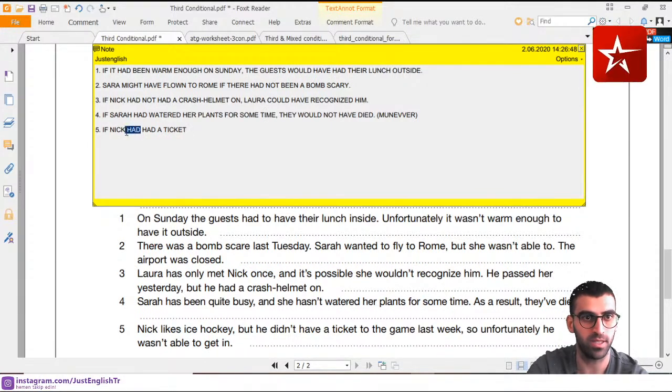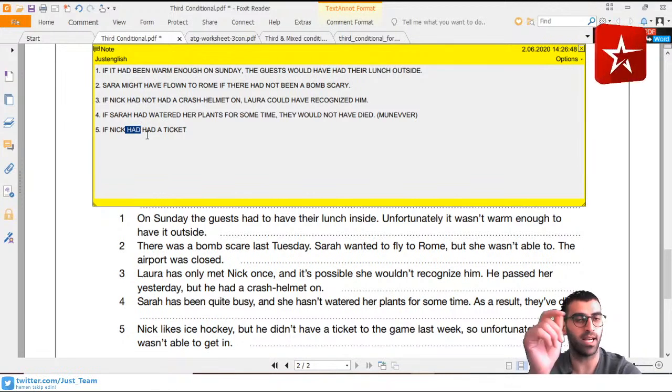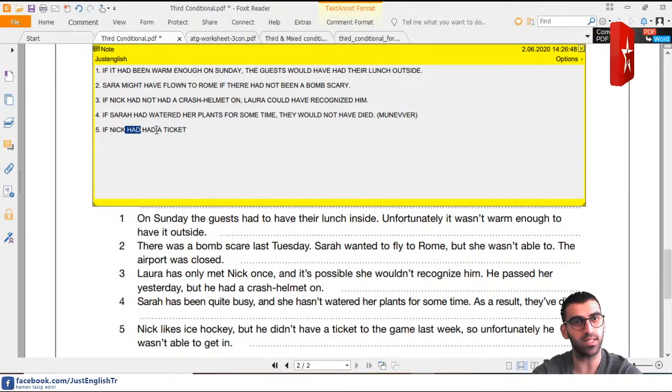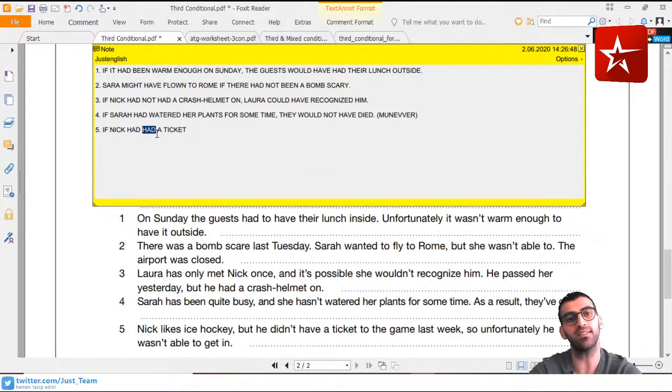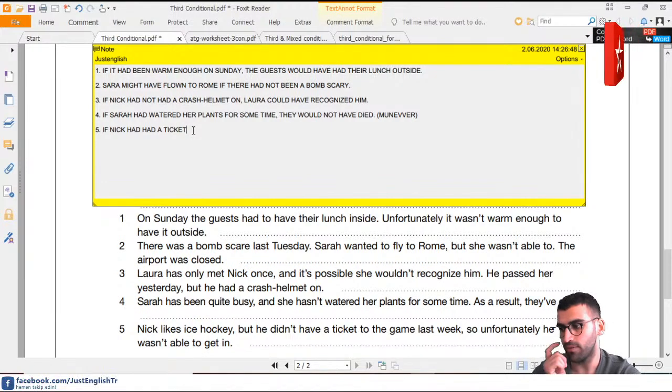Don't get confused about these two hads. The second had is the past participle. I'm writing Minaver's answer.